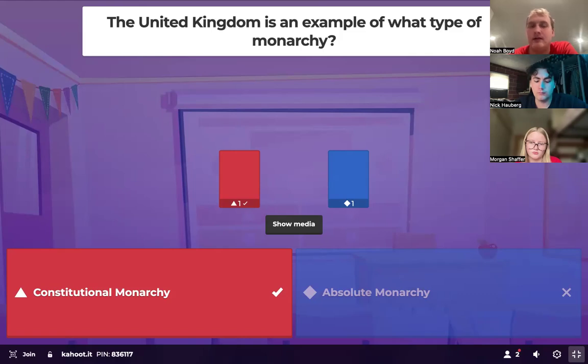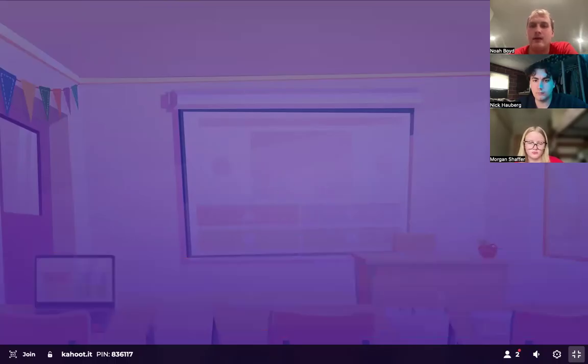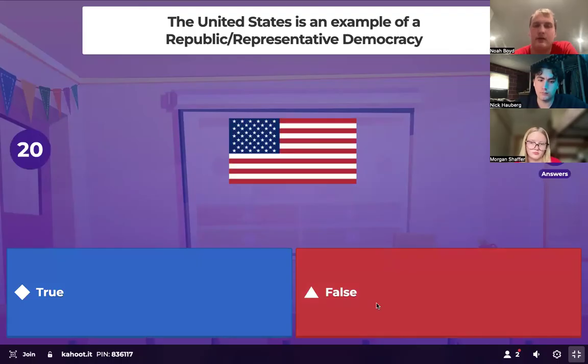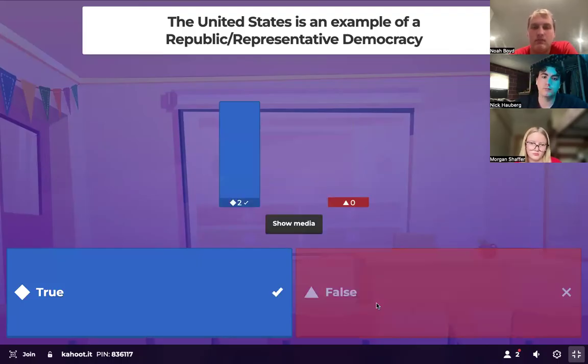They still have a constitution and democratically elected leaders that actually have the political influence. The United States is an example of a republic slash representative democracy, true or false? Yep, that's true. We're a republic and representative democracy.